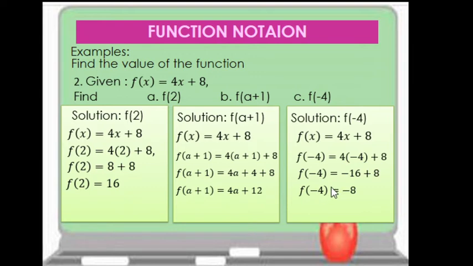Then, f of negative 4 is equal to negative 8. So, bakit siya naging negative 8? So, negative 16 plus 8. Since magkaiba yung kanyang sign, kahit siya ay addition, isusubtract natin siya based sa rule ng integers.